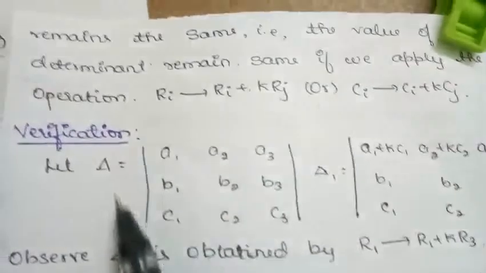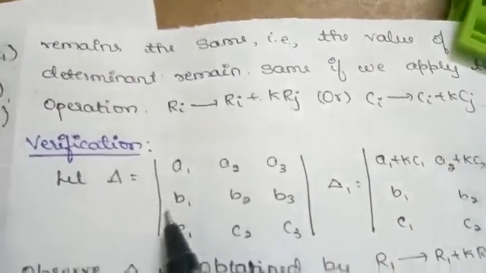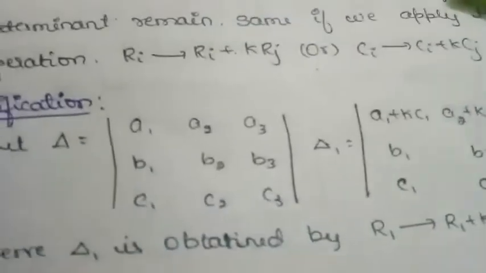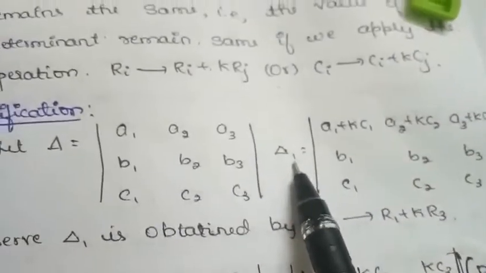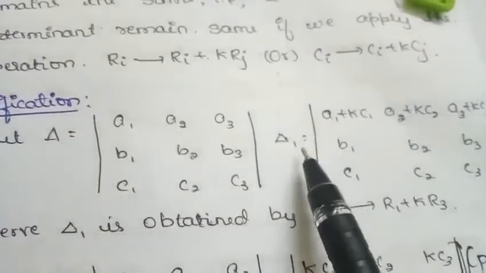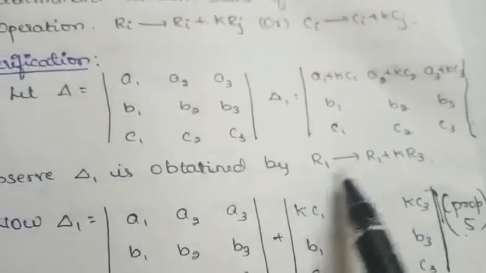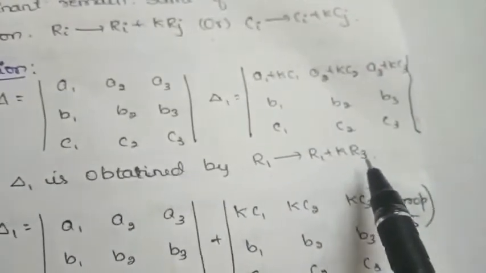So this is like if we have a determinant called delta. You can see here the determinant delta, which is A1, A2, A3, B1, B2, B3 and C1, C2, C3. I am considering delta 1 as another determinant, which is obtained by applying a row operation, that is R1 plus K times R3.